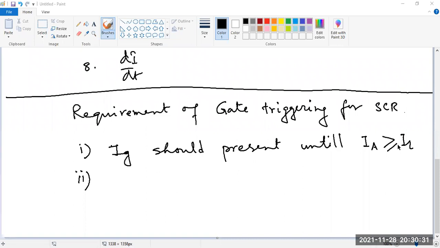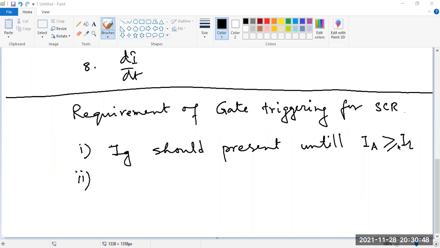The second point is about the circuit which is actually producing the gate pulse. Generally we call that circuit the control circuit.